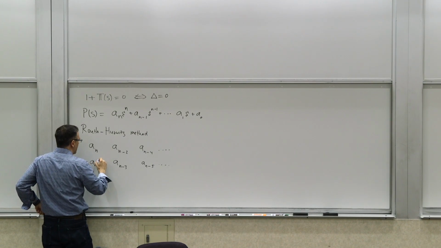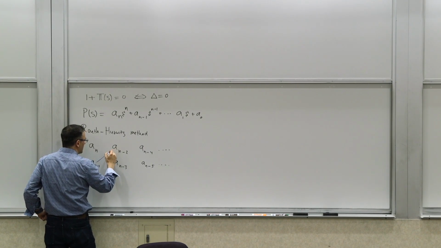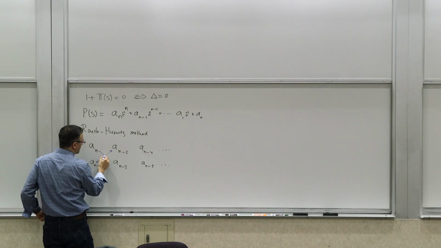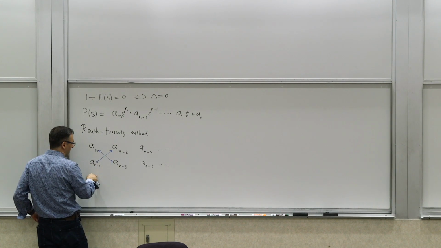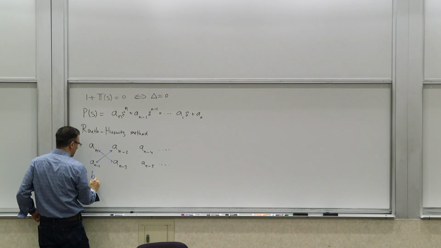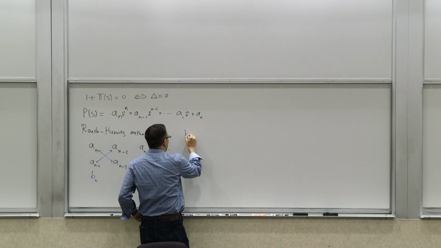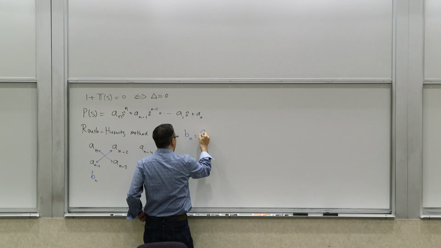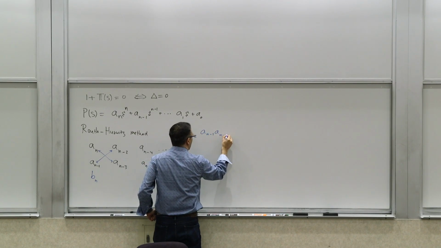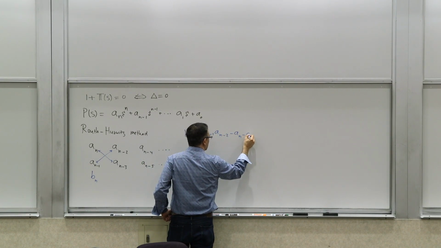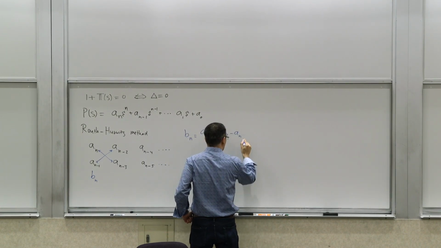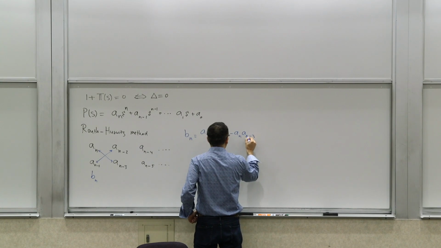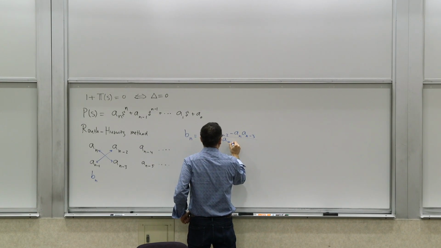So it says, basically, you calculate the product of these two and subtract from it the product of these two, and divide it by this coefficient and put it here. Let's call this Bn. The way we described it, Bn is an minus 1 times an minus 2, minus an times an minus 3, divided by an minus 1.